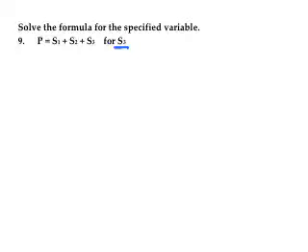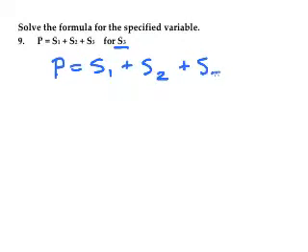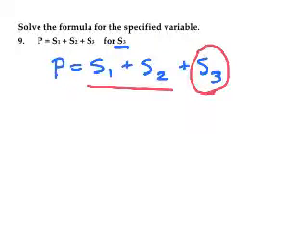Okay, so I'm going to rewrite it. P equals S1 plus S2 plus S3. Alright, since I'm solving for S3, I want to get rid of everything else. So to get rid of that, I've got to subtract it from both sides, not just the right side.